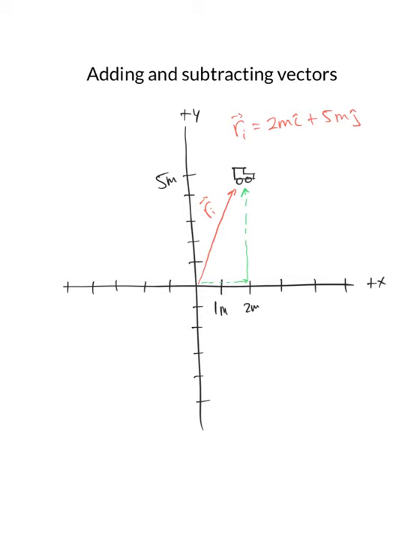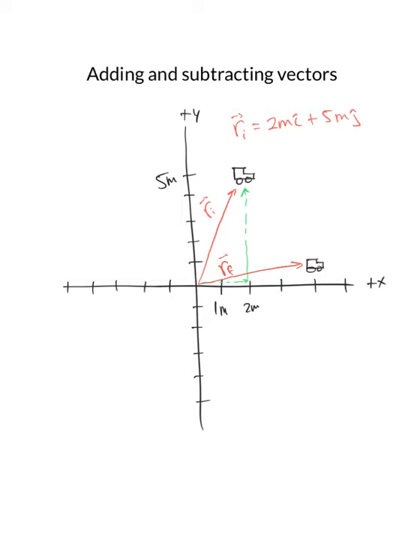Now, imagine that the truck drives to a different location over here at 1 meter in the y direction and 4 meters in the x direction. So in this case, we can draw our final vector, the vector pointing from the origin to the truck's final position here.